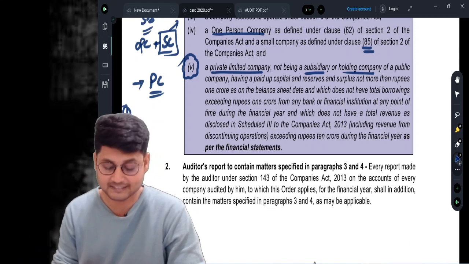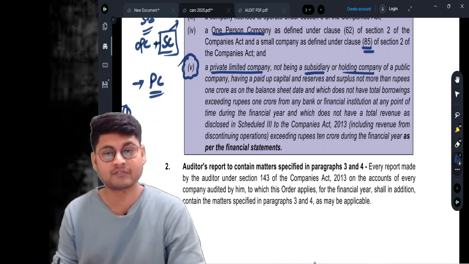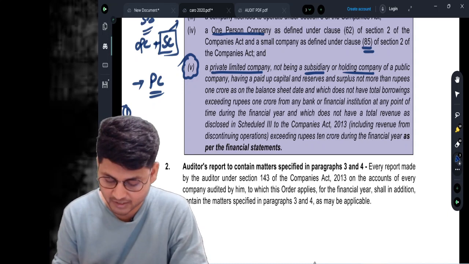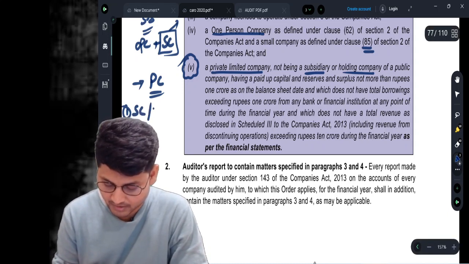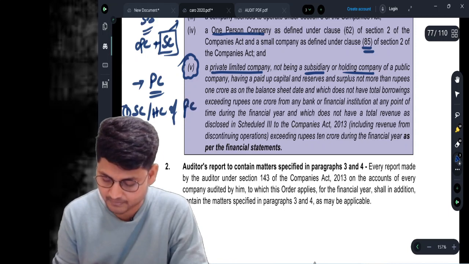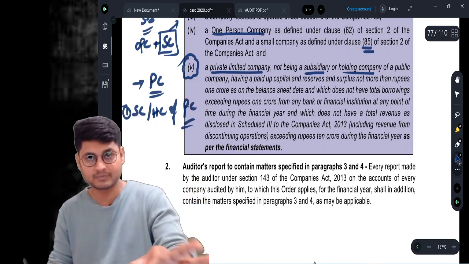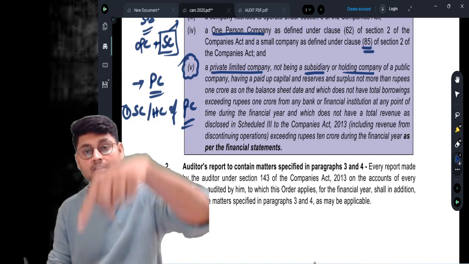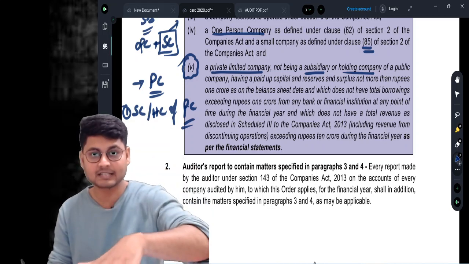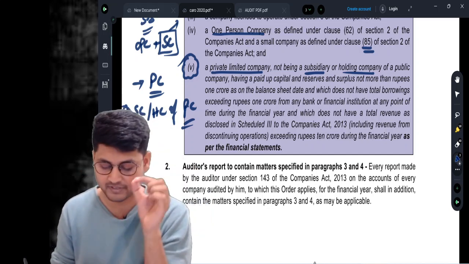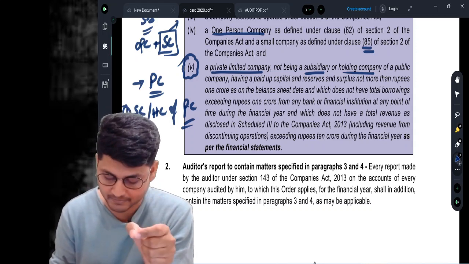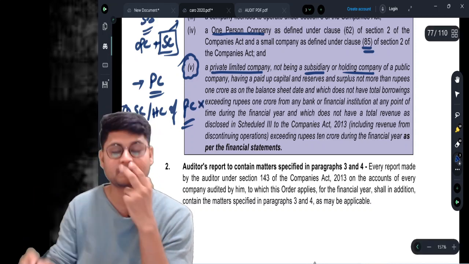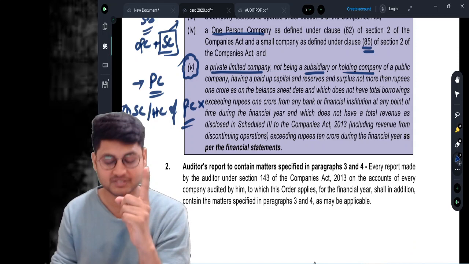So if a private company is a subsidiary or holding company of a public company, then CARO is applicable. So the first condition, it shall not be. The first condition must be satisfied.